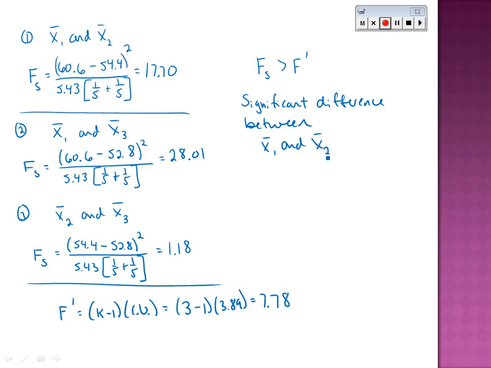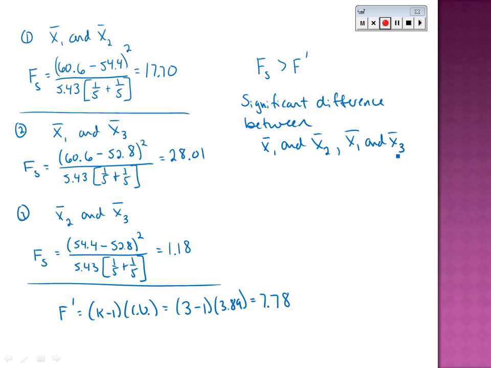So we're looking at Dallas and Boston, since theirs was 17.70, which is greater than 7.78, as well as Dallas and Detroit, because their F sub s was 28.0, which is bigger than our F prime.